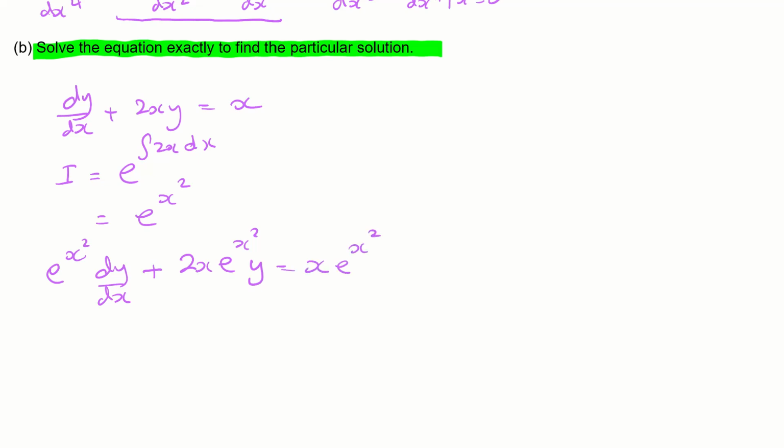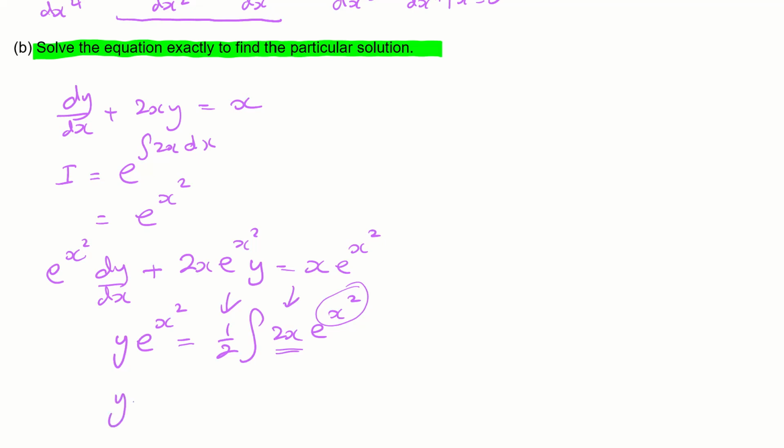On the left-hand side, we can see is what you get if you differentiate y e to the x squared. So if we integrate both sides, y e to the x squared is going to be a half the integral of 2x e to the x squared. Note what I've done here, so that we've got this being the exact differential of that.